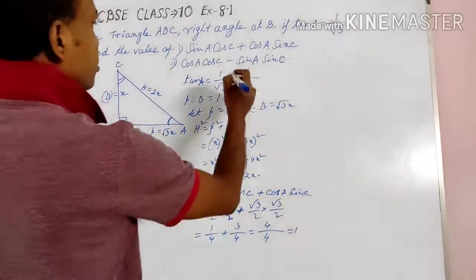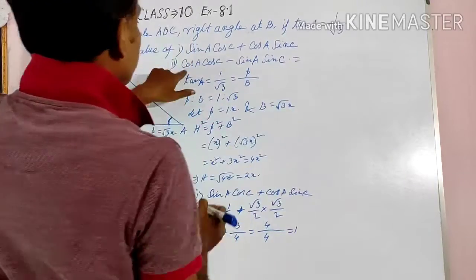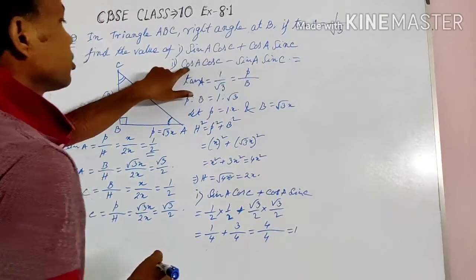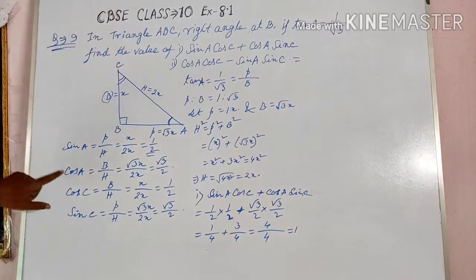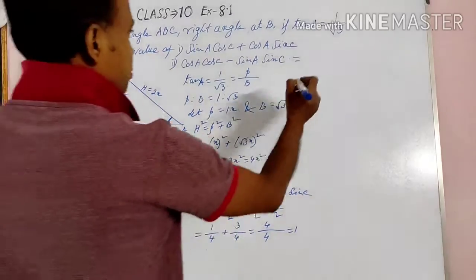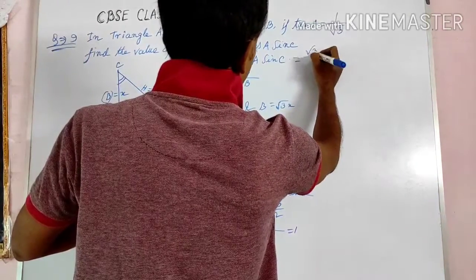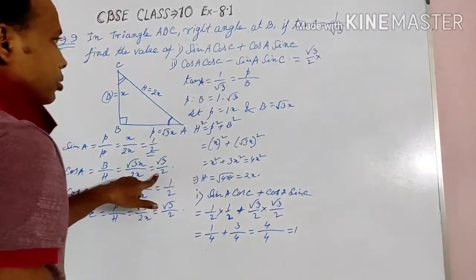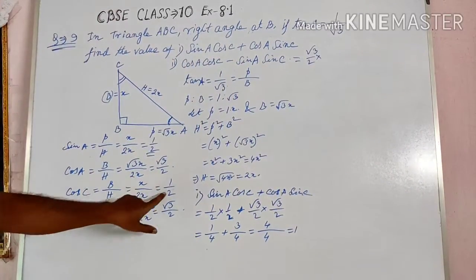Now the second problem, this is your second problem. Cos A cos C minus sin A sin C. Just put the value of cos A. Here is the cos A. This is your cos A, equal to root 3 by 2, into cos C. This is your cos C, equal to half.